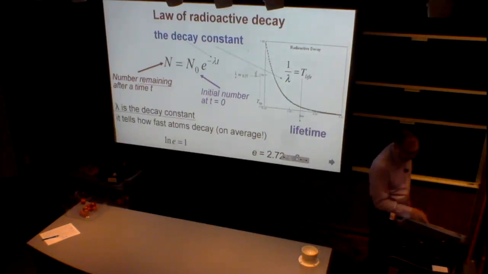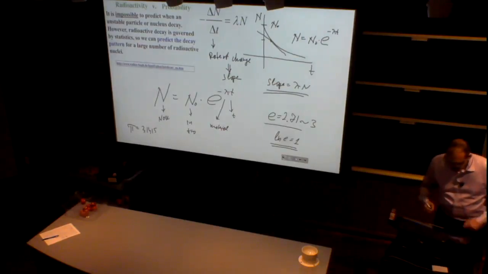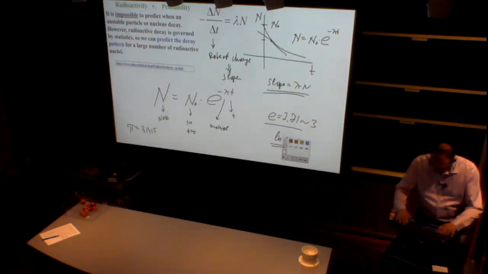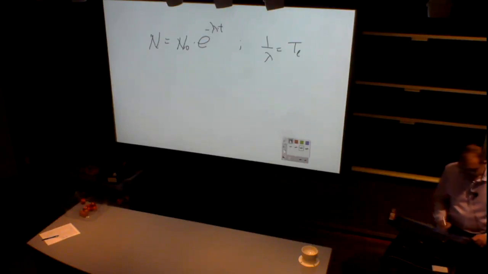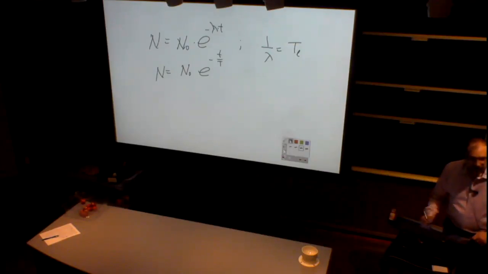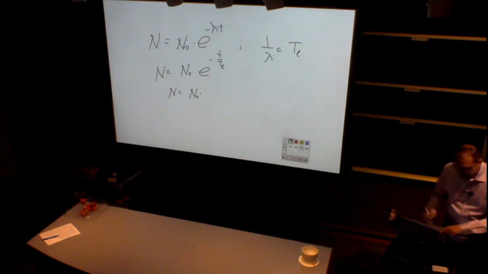What does it mean? If we use this equation, and a definition of lifetime, the same equation can be written in terms of this ratio, time now over lifetime, which tells us that this instantaneous value will be equal to the initial times about, closely, 3 to this power.